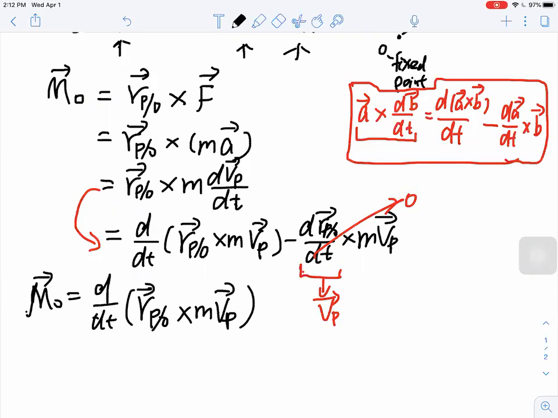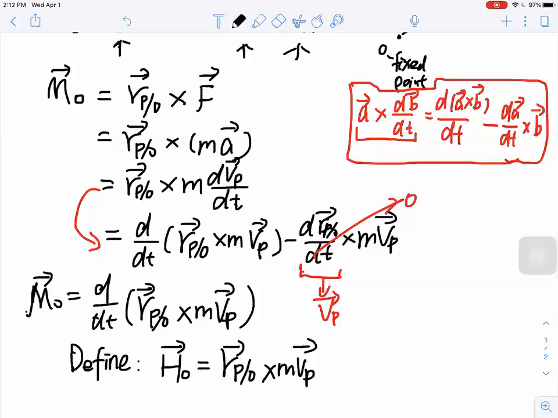And if we just define, we use the letter capital H, H_O, to replace what is inside of the parentheses, that is r_P/O cross m v_P.